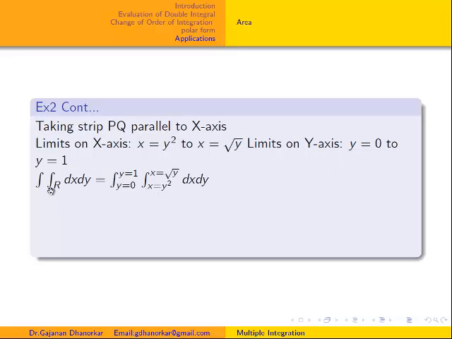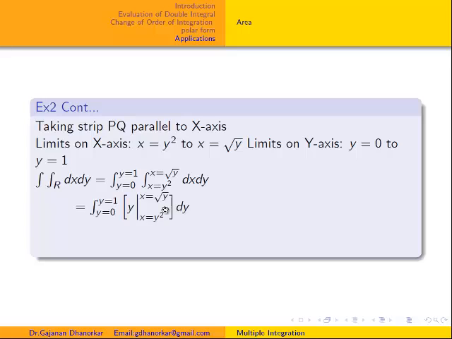Therefore, we can write the area as the double integration of R dx dy. These are the constant limits on y, so we take y equal to 0 to 1 outside, and x equal to y square to root y. First we integrate with respect to x.